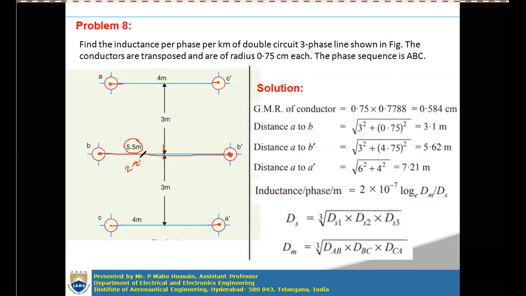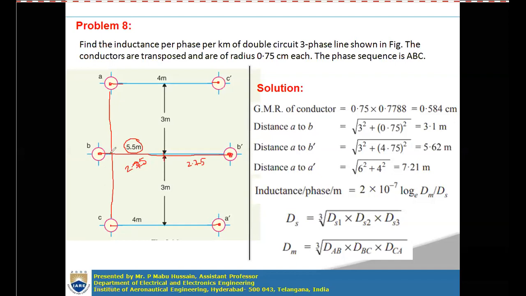Now this distance from here to here, this DA, if you know this distance, how can you calculate C to A dash?